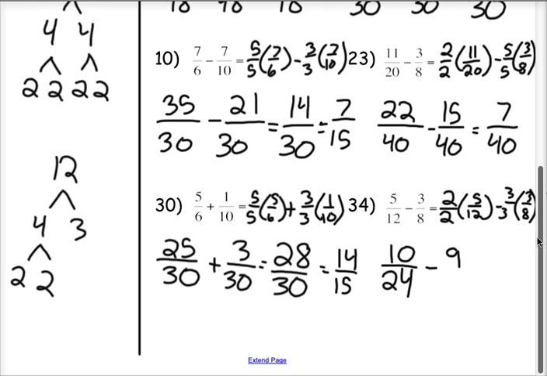Second one, I get 9 over 24, not 29. So now I actually do the subtraction. 10 minus 9 is 1. And then I have the 24 because the bottom doesn't change.